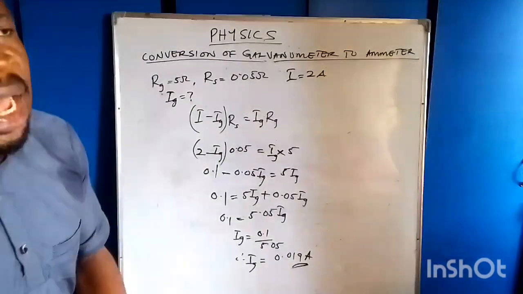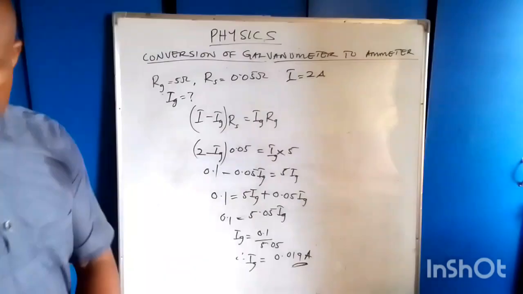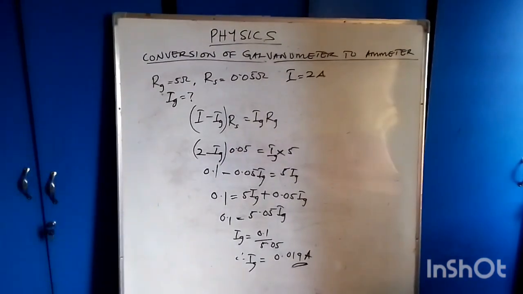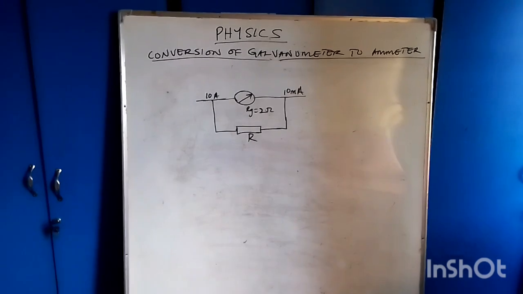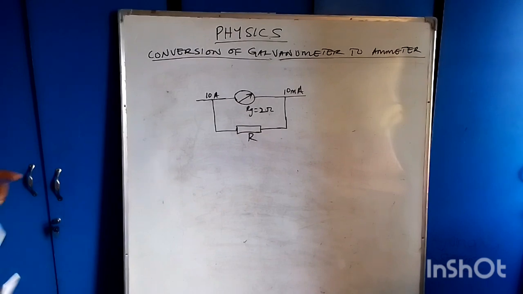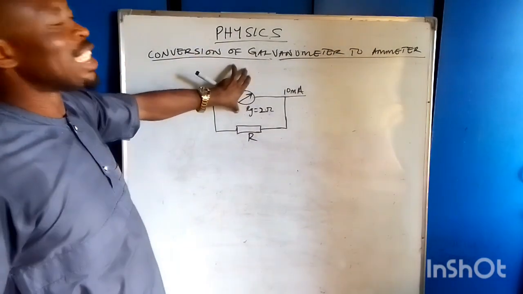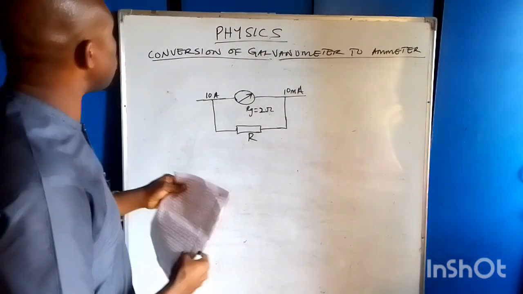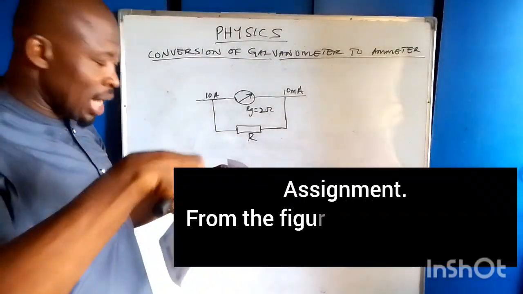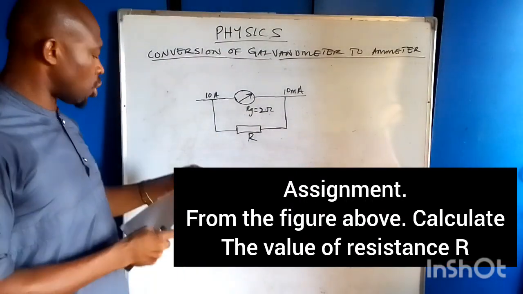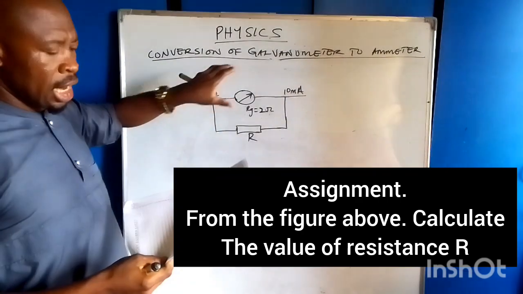I will still take another question. Haven't solved the other 2 questions, this one is left for you to solve. Please solve it and put the answer in the comment section. Now, this question is one of the questions that came out in JAMB.